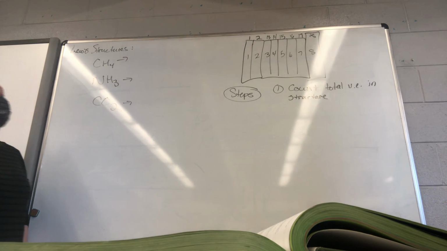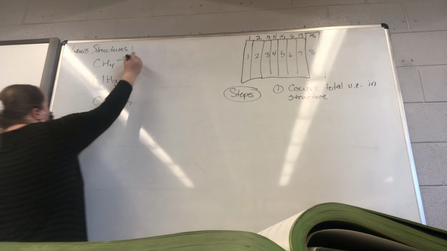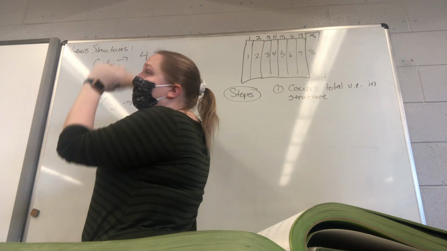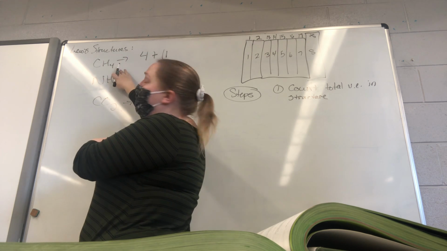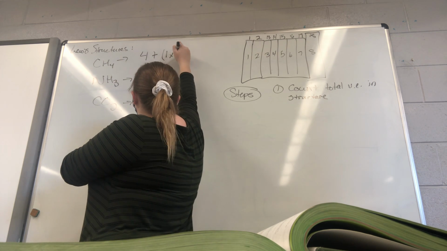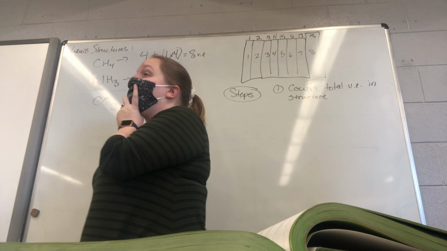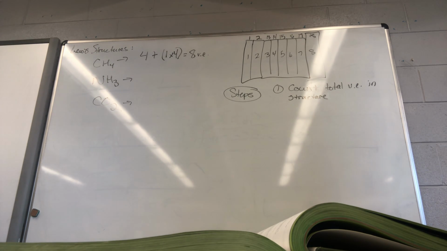For CH4, you should get how many for carbon? Somewhere it's located. 4. How many for a hydrogen? Just one hydrogen. 1 hydrogen, but there are how many? 4. So this guy should have 8 valence electrons. Okay, do for nitrogen, or do for NH3.